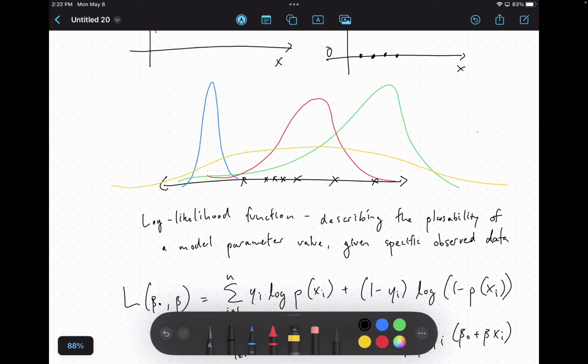Okay. And that can change based on model, right? So you can have different models, model 1, 2, 3, 4 for specific data. You may have different log likelihood values for the parameters within that model, right? Yeah. So just to be clear, the likelihood is kind of like a reference value, it's not directly telling you anything about the parameters.